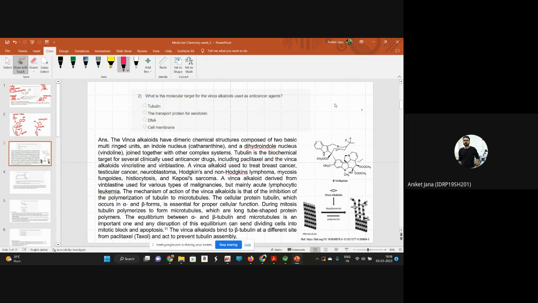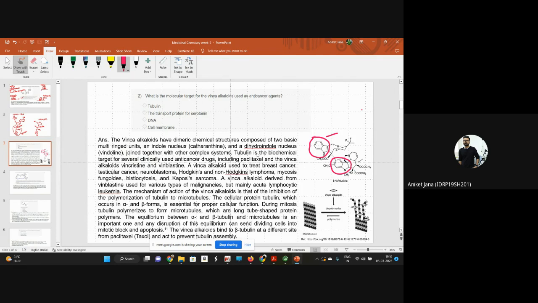As I have already seen on the internet, it is a very complex structure composed of two basic multi-ring units, an indole nucleus and a dihydroindole nucleus. Here the double bond is absent in the indole moiety, so it is called a dihydroindole nucleus, joined together with another complex system.